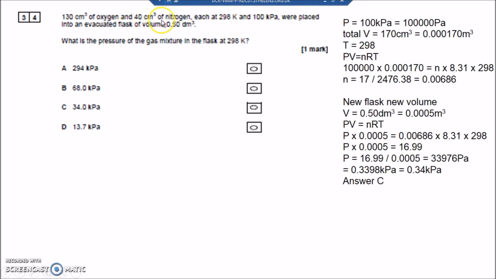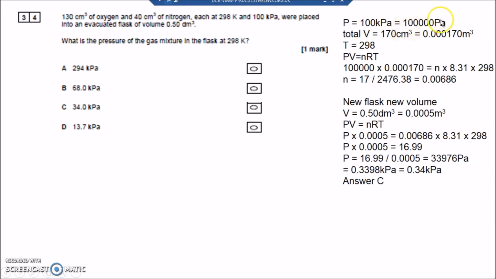My total volume, it doesn't matter that I've got a mixture of gases, the total volume of the gas for this system is 170 centimeters cubed. So I'm going to work out the total number of moles of gas, oxygen and nitrogen combined. To get that into meters cubed, I have to get it into decimeter cubed first by dividing by 1,000.